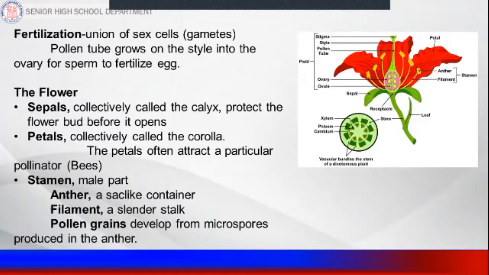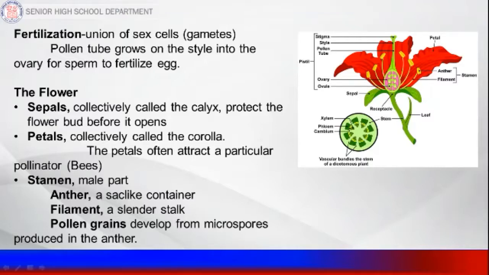We have fertilization. Fertilization is the union of sex cells. With the process of pollination, we can come up with fertilization in plants. It's the union of sex cells or the gametes of the plant parts. We also use the term fertilization for the union of sex cells in animals and humans.